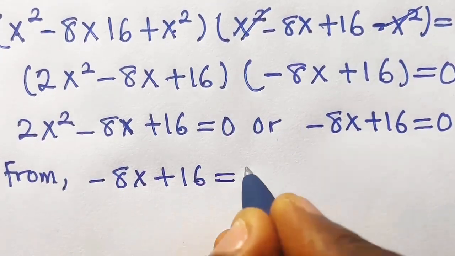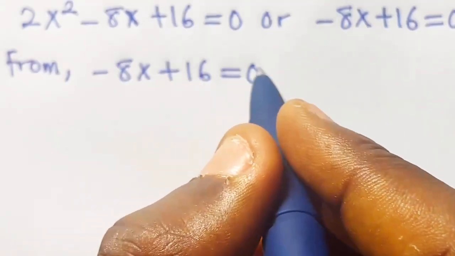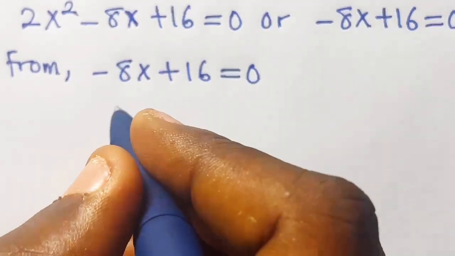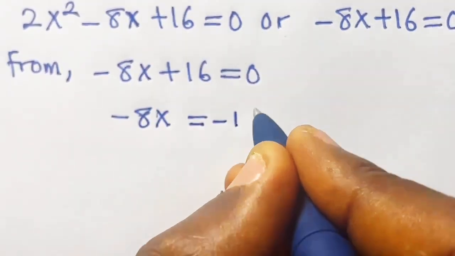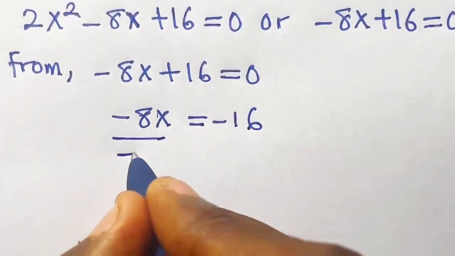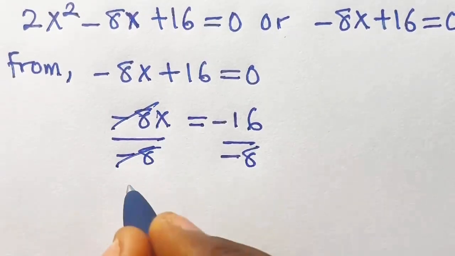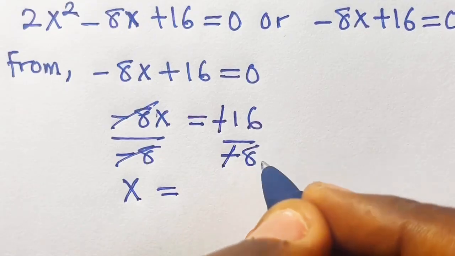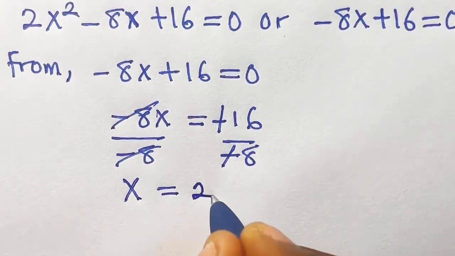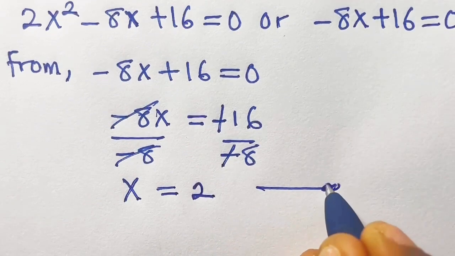We want to find the value of x here, and to do that we can transfer this to the other side. So we have −8x = −16. We divide both sides by −8, the minuses cancel, and 16 divided by 8 gives us 2. So we have x = 2.